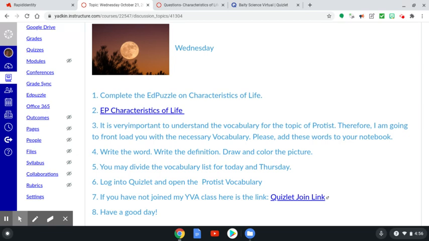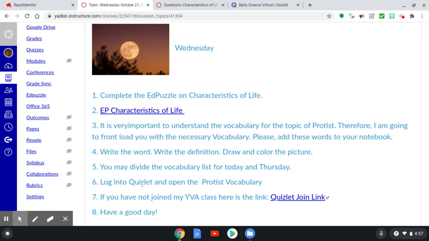So I'm going to start front loading you, which means I'm going to teach you the vocabulary before the lesson. So what I want you to do is write down the words, write down the definition, and draw the picture. There are several of these, so you can divide the vocabulary list between today and tomorrow, because tomorrow's assignment will be kind of short as well.